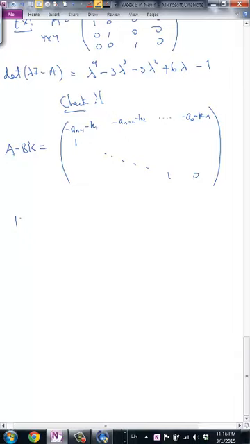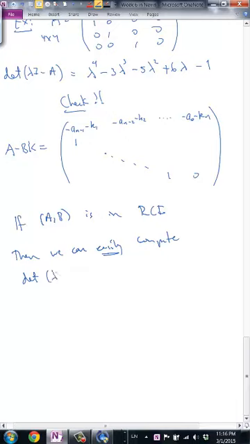So if the pair A, B is in reachable canonical form, then we can easily compute the determinant of lambda I minus (A minus BK), which is sometimes called the closed loop system matrix. A is sometimes called the open loop system matrix.